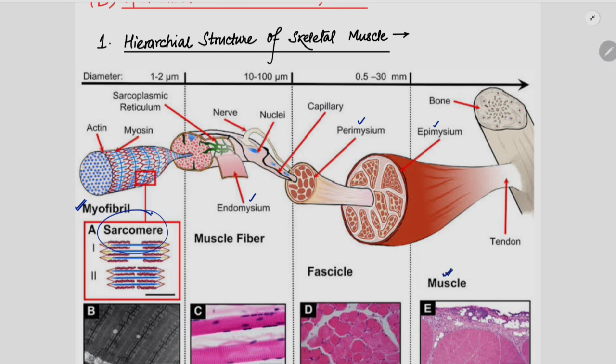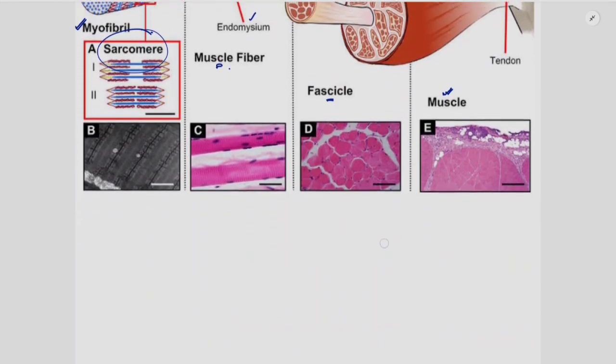The muscle is covered by epimysium, the muscle fascicle is covered by perimysium, and the capillaries and nerve fibers are embedded in the endomysium, which covers the muscle fiber. The contractile unit, the sarcomere, is present in the myofibril. Now we are talking about the sarcomere and its parts.